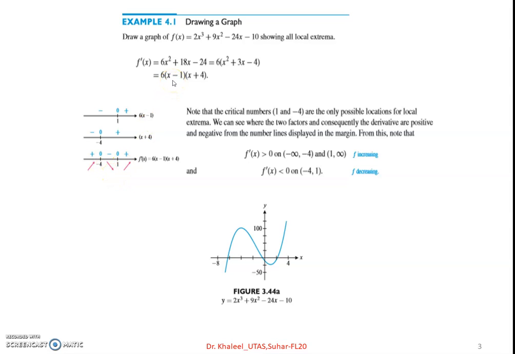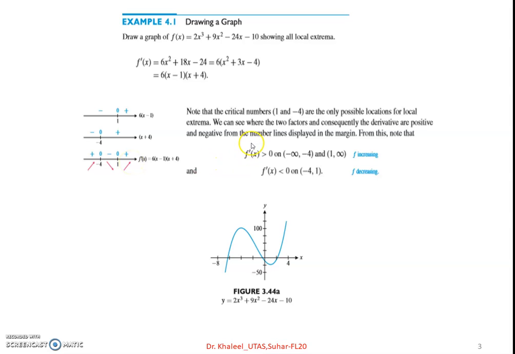If you substitute x equal to minus 3, it is negative. Then give x equal to 2, and this will be positive. Therefore, before minus 4 positive, after minus 4 negative, after 1 positive. Positive, increasing; negative, decreasing; positive, increasing.